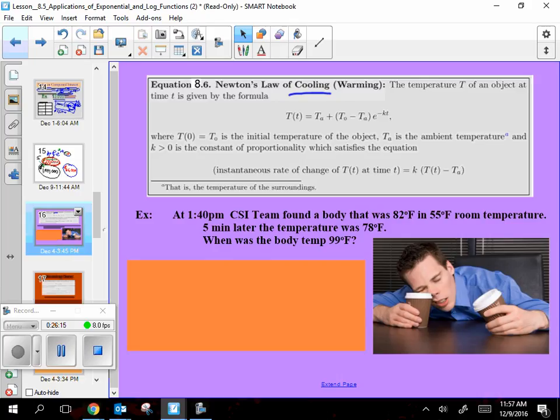So if they find a body that a person has died, based on the temperature that they are when they are found and the room temperature of the room that they are in, they can tell how long ago the person died. Now, in the case of a natural death, like the person died from a heart attack or whatever, it doesn't matter that much exactly the moment they died. But what if it's a murder?